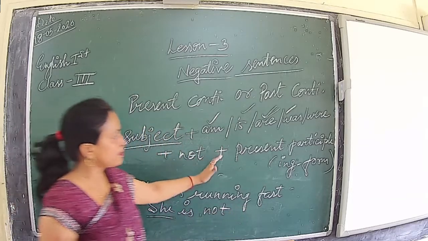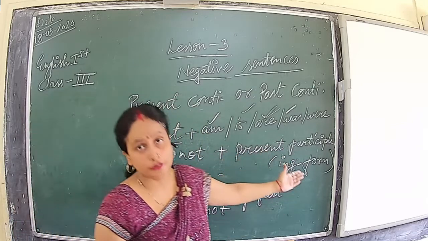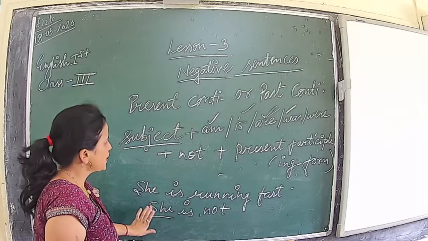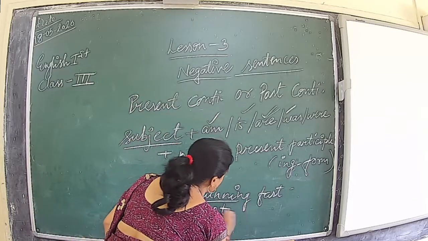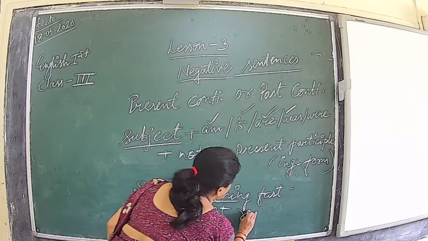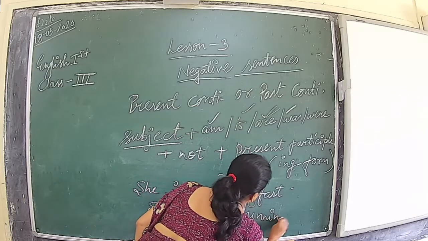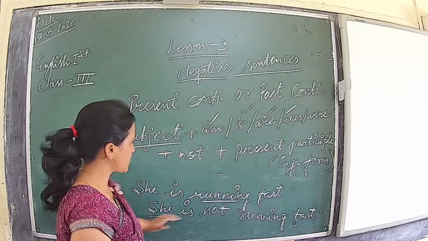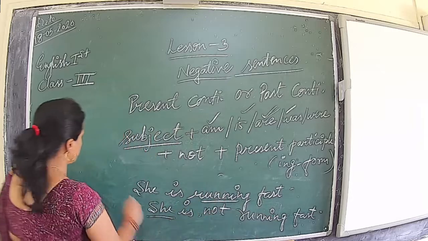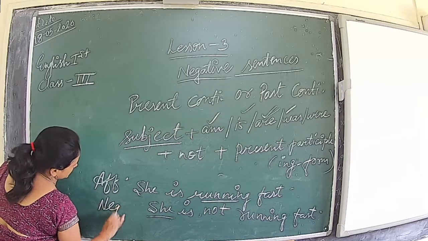And after that, plus the present participle, that is the ing form. What is the ing form? Running. So we have to use: she is not running fast. Clear? Like this we have to say. This is the affirmative sentence and this is the negative sentence.